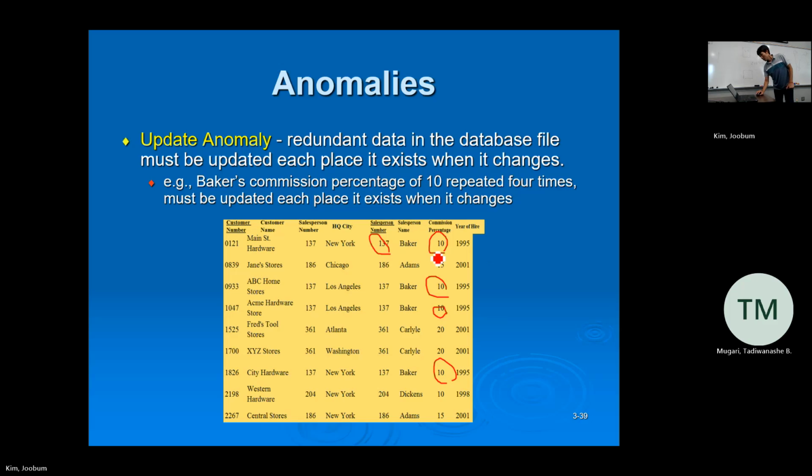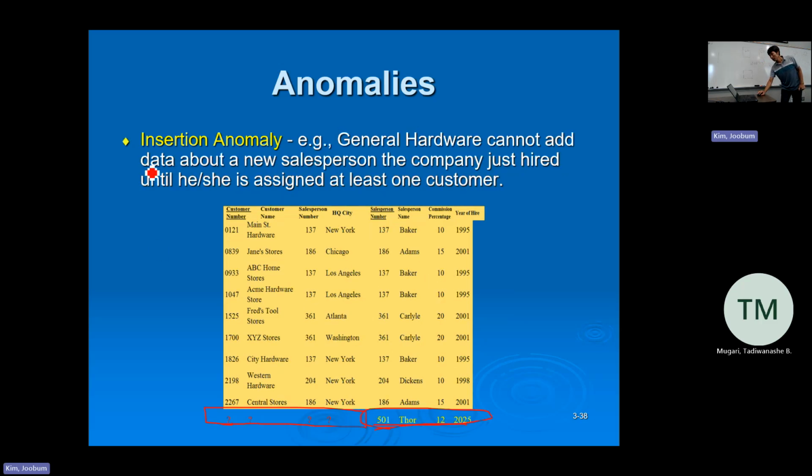So when the commission percentage increases from 10 to 50, we have to update 4 times. This one, this one, this one, and this one. But due to some reason, one of the data is missed. Maybe 50, 50, 50, and one not changed, still 10. In this case, we cannot trust this system. So it is called update anomaly, okay?